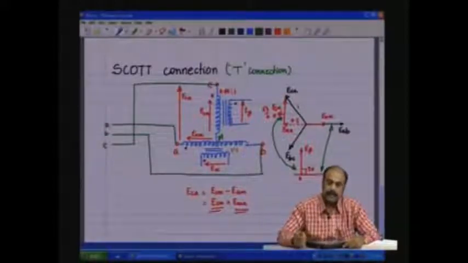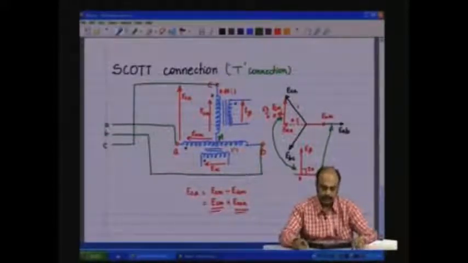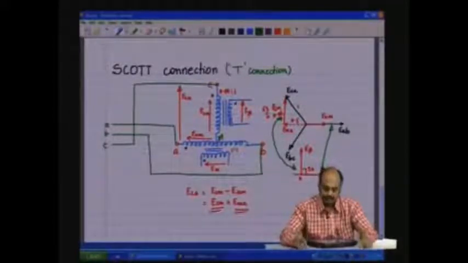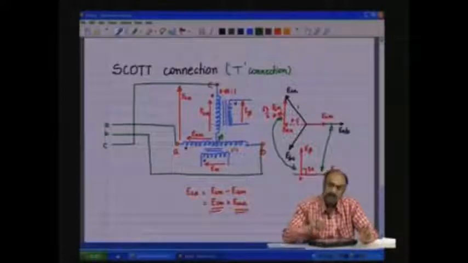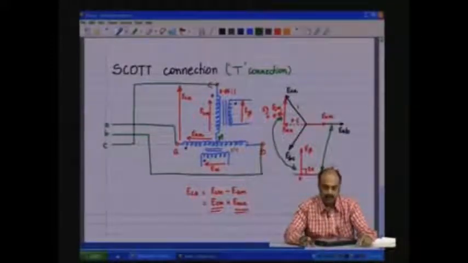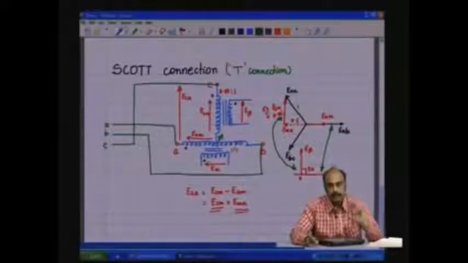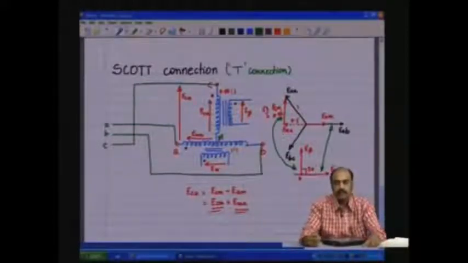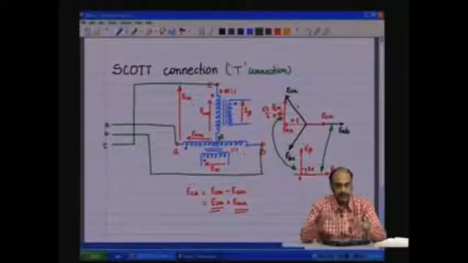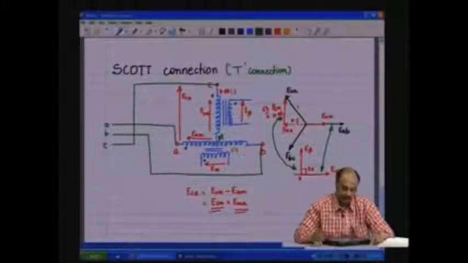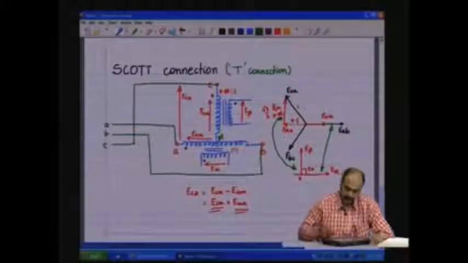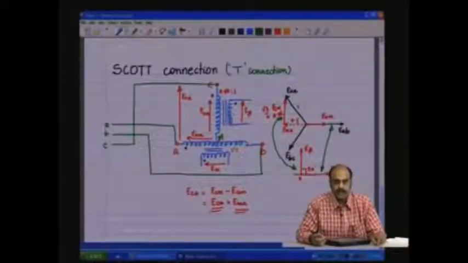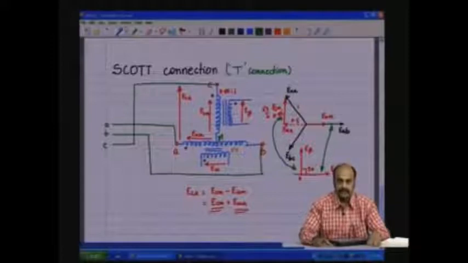So, EAB and ECM are 90 degrees with respect to each other, phase shifted, and therefore, they can form a two-phase system. Only thing is their amplitude: EAB has a normalized amplitude of 1 and ECM has a normalized amplitude of 0.86. Therefore, by adjusting the turns ratio of the beta side transformer, with the turns ratio of 0.86 to 1, one can equalize the two-phase output. So, this is another two-phase transformer. This is called the Scott connection.